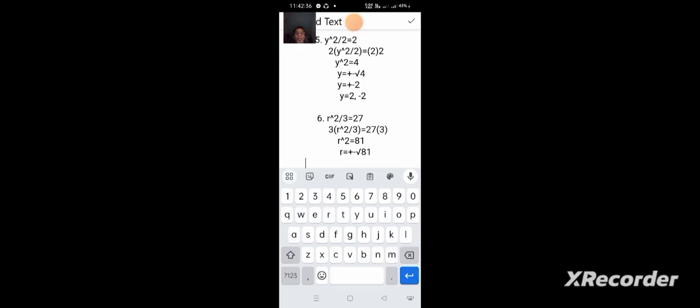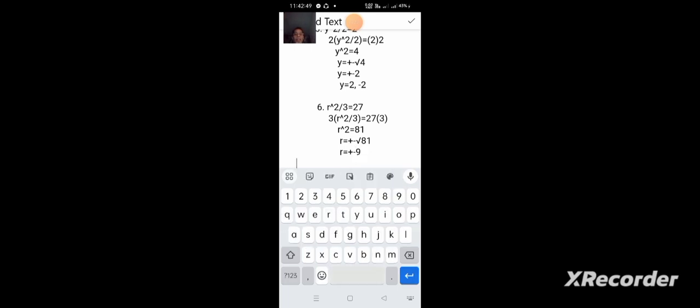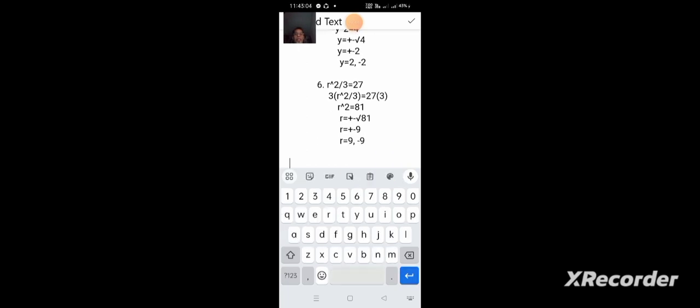The square root of 81 is 9. Therefore, the value of r is equal to 9 and negative 9. Number 7.